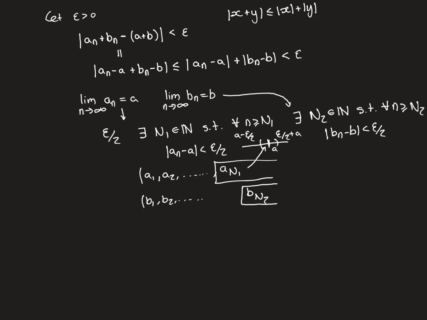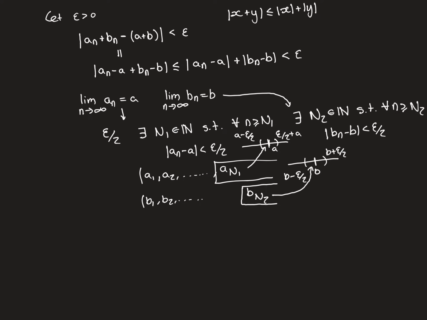So on this picture, it's B. And again, in the real line, we have our limit B, we have our interval of radius epsilon over 2, so B minus epsilon over 2 is the lower limit, and all of these terms of that sequence are then going to be inside there, so that the distance between them is less than epsilon over 2.